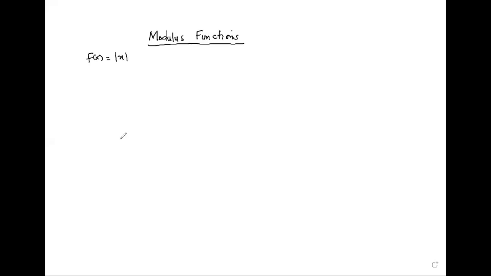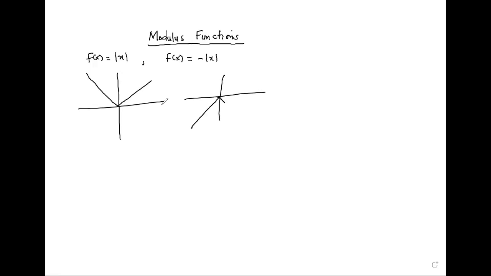The first one is this one, and the second one is f of x is equal to negative modulus of x. The first one is graphed as two straight lines that are reflected. The second one is the same two straight lines now facing down. This is how these graphs look. We have only these two shapes.